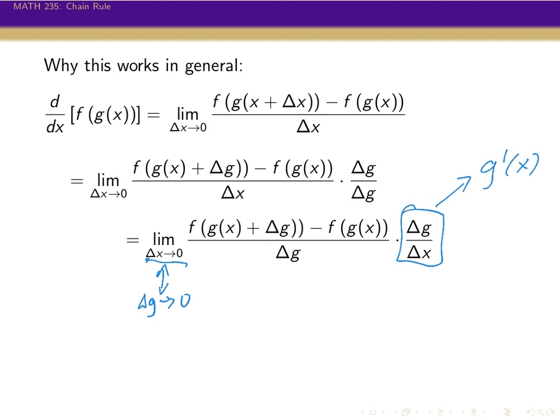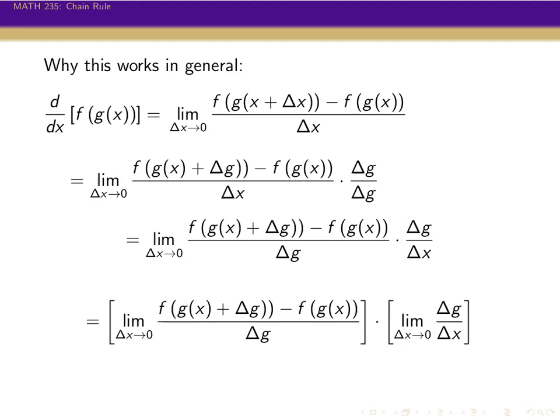And so this right now is looking similar to the definition of derivative, just instead of x being plugged in, it's g of x being plugged in. And delta g is playing the role of delta x here. Right? And so when we break this up, as we said before, this limit on the right is g prime of x.